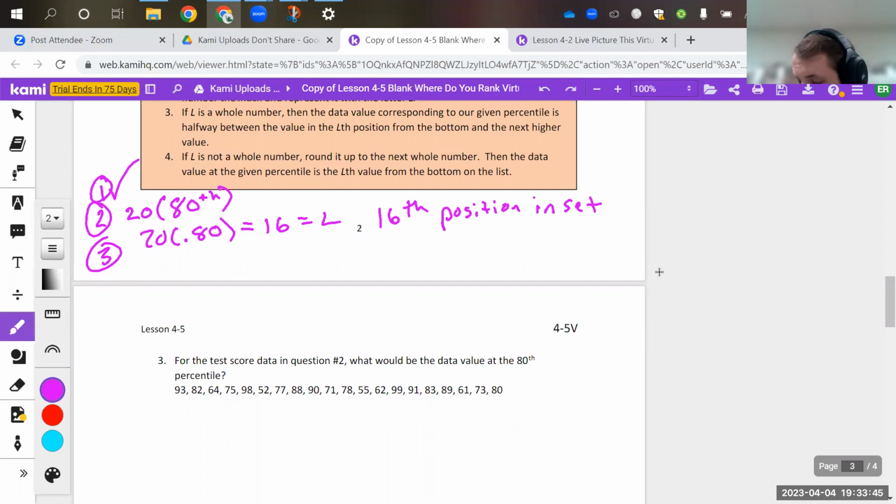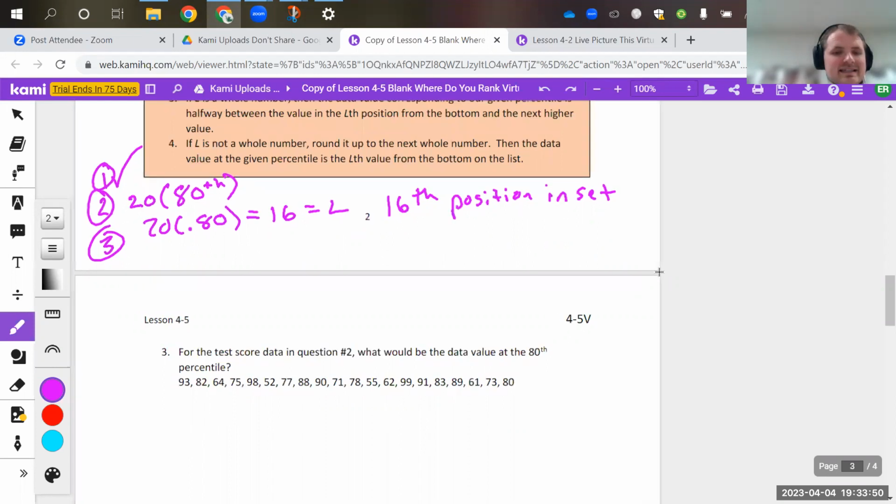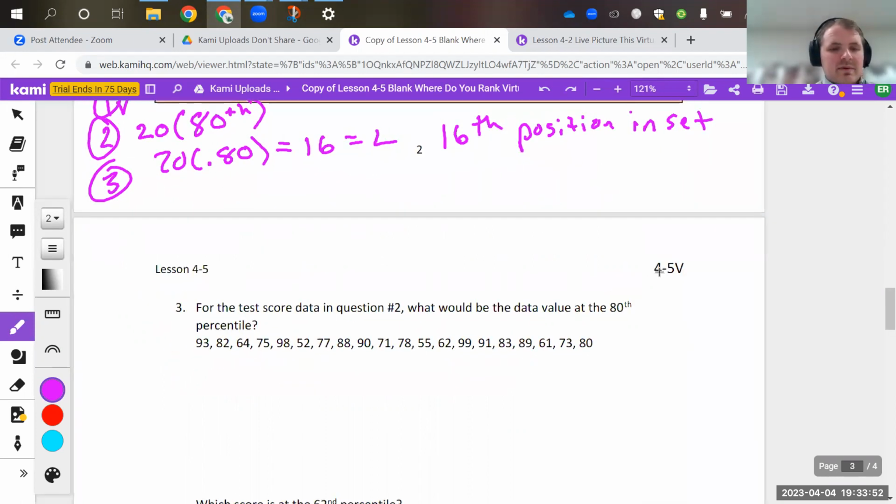When I cross these off by hand, I just put it in order, kind of like this. Again, probably kind of lame to do it this way, but 93 was the 18th, 82 was the 12th, 64 was the 5th, and then 8, and I'm going to go above and below. That was the 19th, 52 was the first, so the lowest, then the 9th, then the 14th, then the 90 was the 16th when I put this in order. 71 was the 6th, 78 was the 10th.